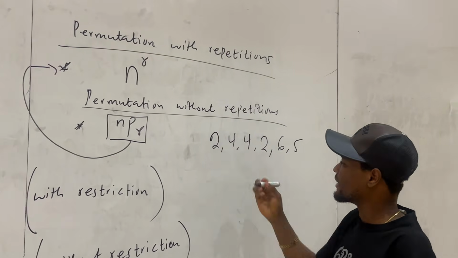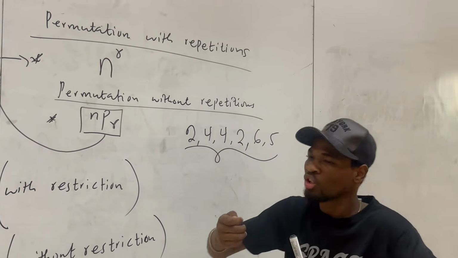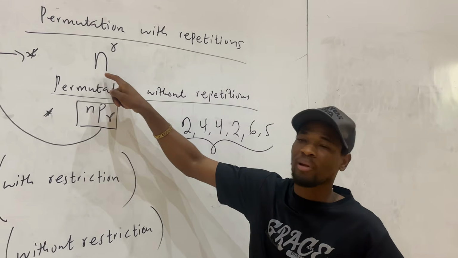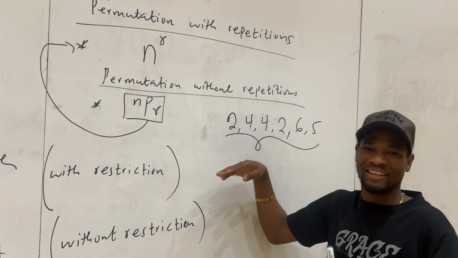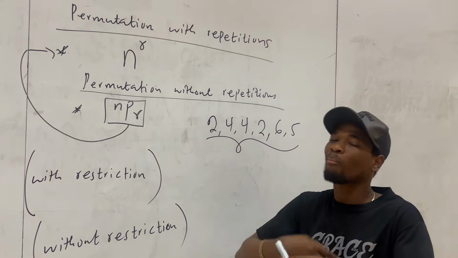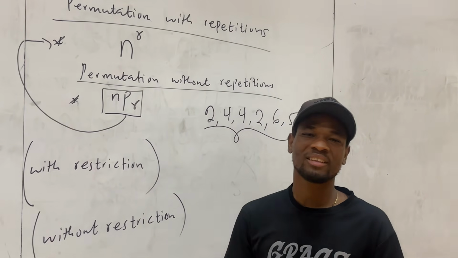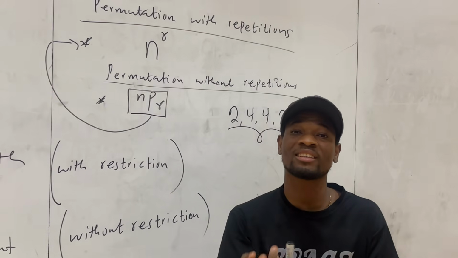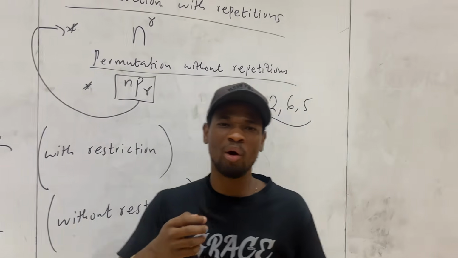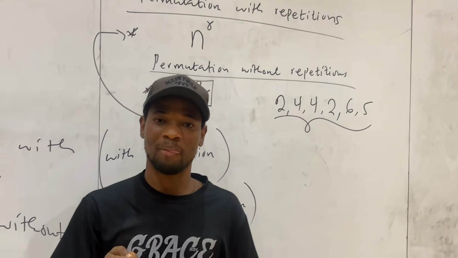Digits normally repeat, so we normally apply this formula when solving problems under digits, because they are mostly repeated. So viewers, these are just some few technicalities, some few hints I want to pinpoint to you before I tackle the problem.